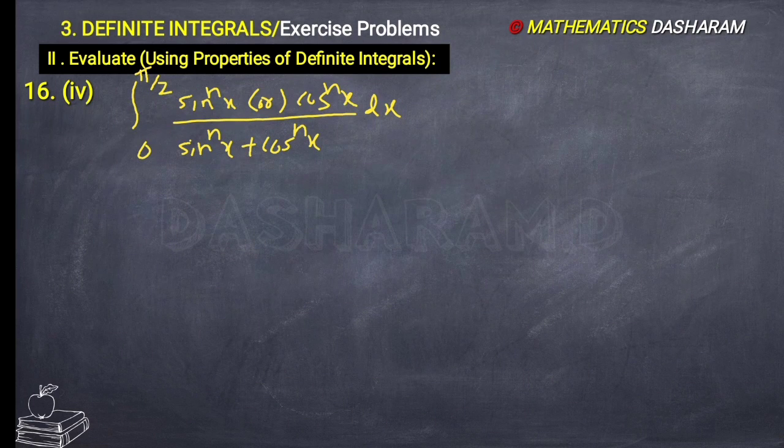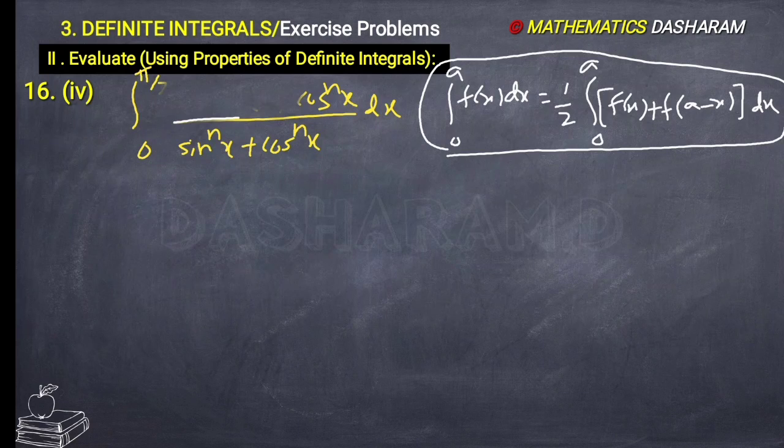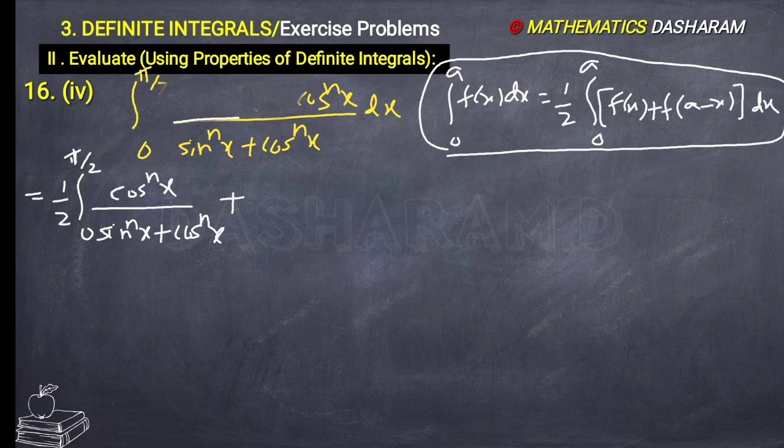So now let's take the numerator as cos to the power of n x. So here the suitable property, as per this property, is 1 by 2 integration 0 to pi by 2 of f of x plus f of a minus x.